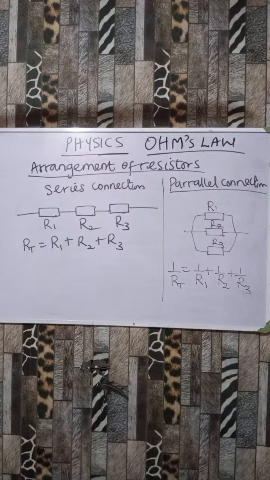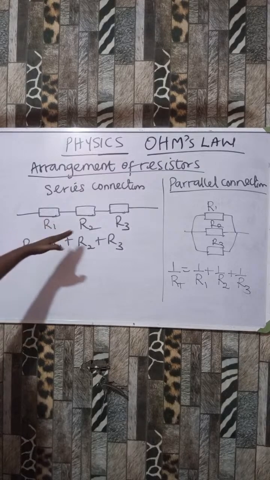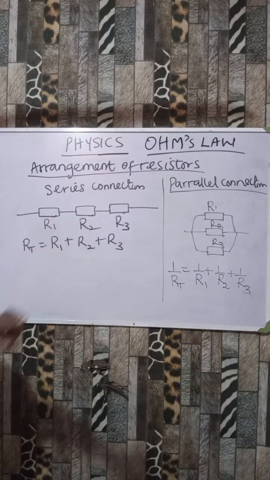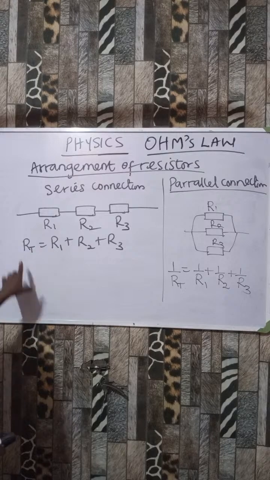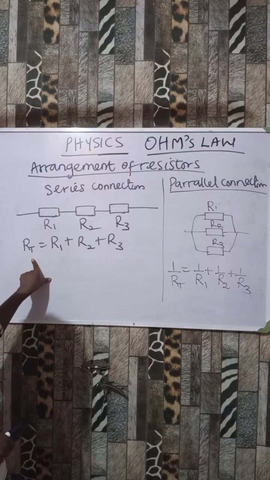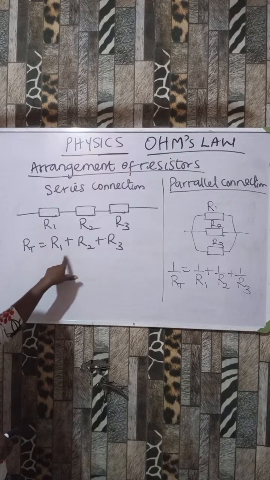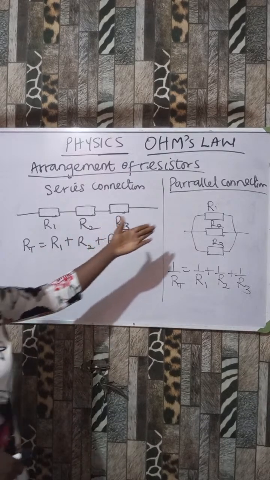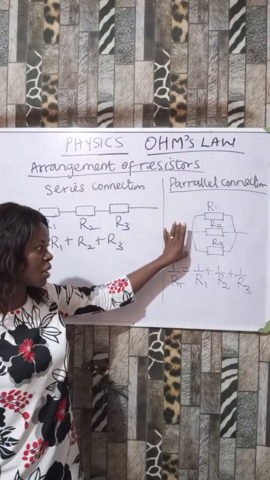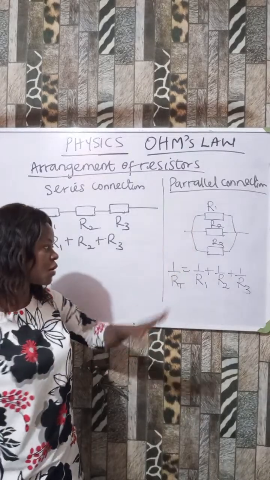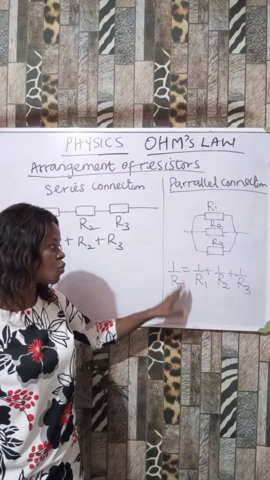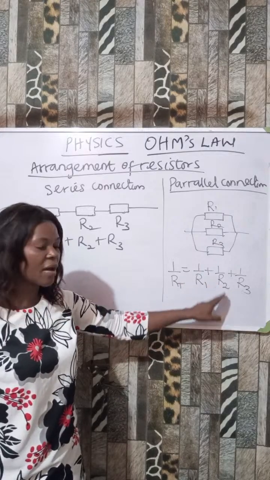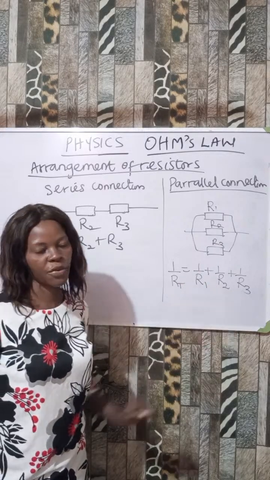Now, if we have three resistors, R1, R2, R3 connected in series, straight line means series, okay? We are going to say the total or effective resistance is said to be what? R1 plus R2 plus R3, okay? But if they are connected in parallel, which is this way, the effective resistance becomes 1 over R total is equal to 1 over R1 plus 1 over R2 plus 1 over R3.